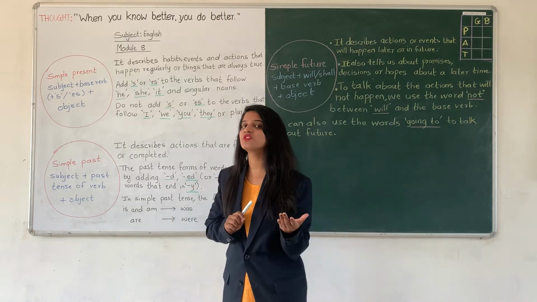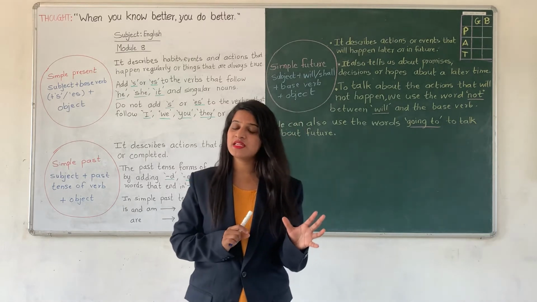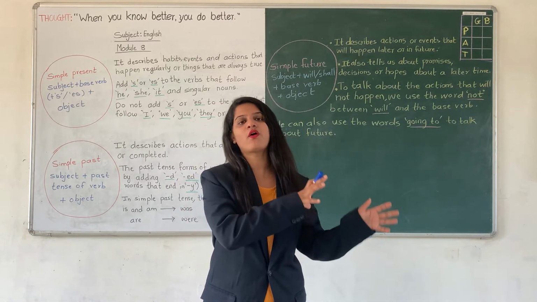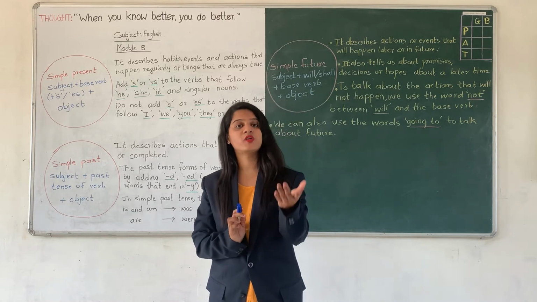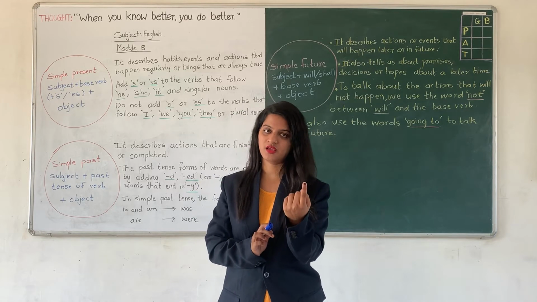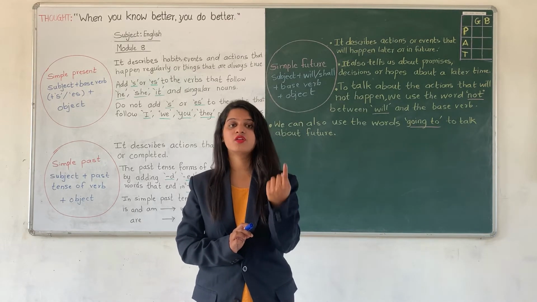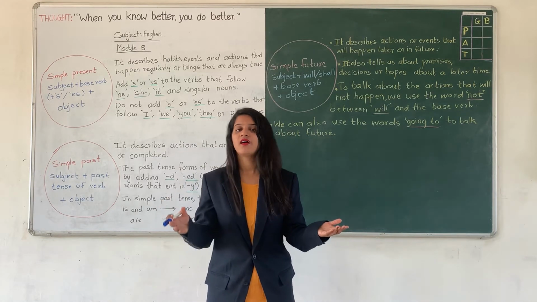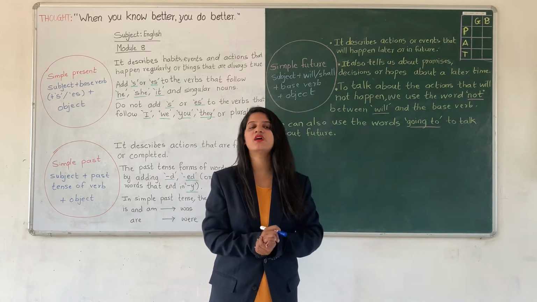Now singular noun means what? Singular noun means only one thing, one person or one animal. Like the dog, it also describes only one thing, right? One animal. Dog, or you can say the pen, or you can say the girl. So these are singular nouns.